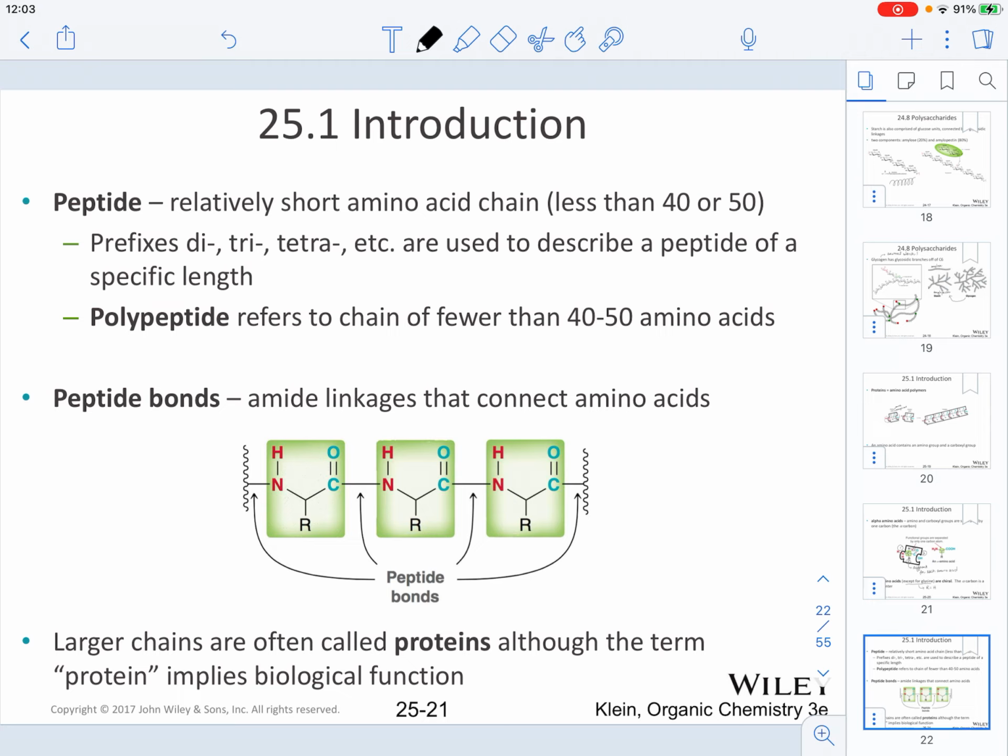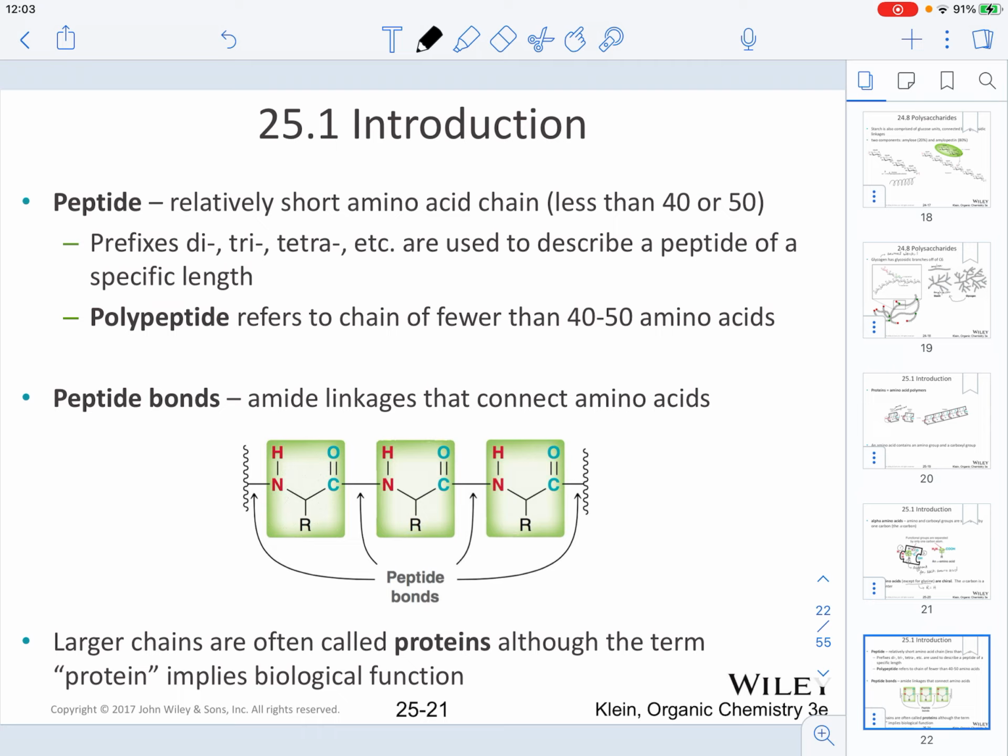That is considered a peptide. So if you have 2 units of amino acids, that is known as a dipeptide. 3 units of amino acids, tripeptides, so on and so forth. So the prefix di, tri, tetra, penta, so on and so forth, describes the number of amino acids there.